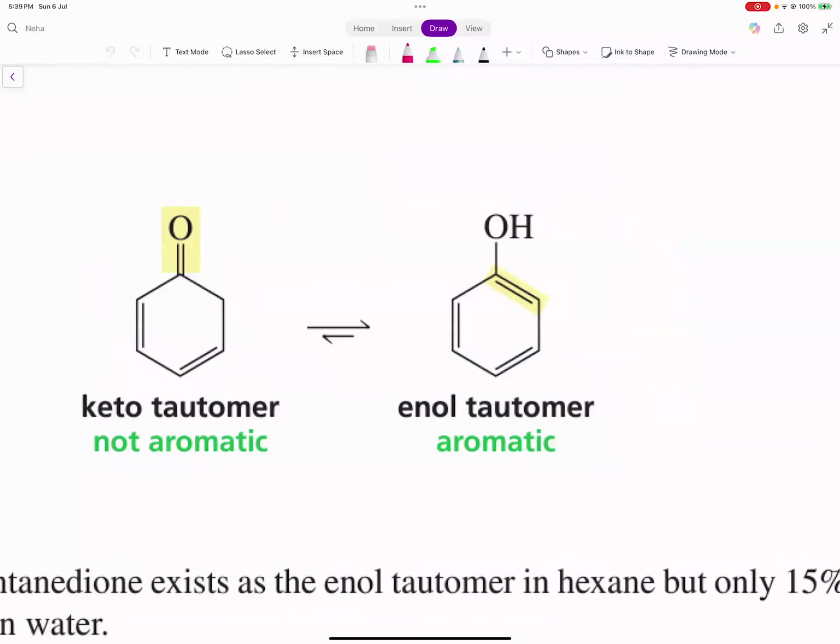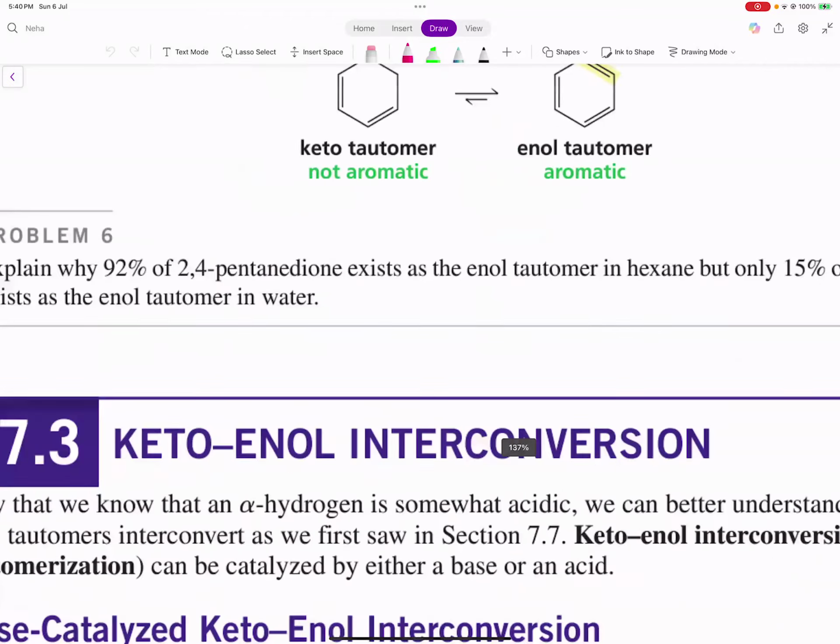Because it's aromatic. Got it? Cool. Now explain this.